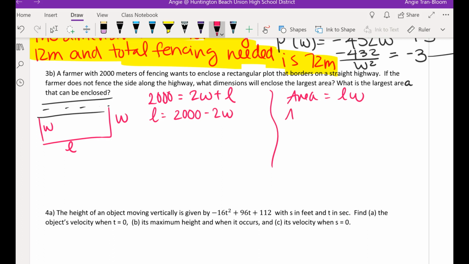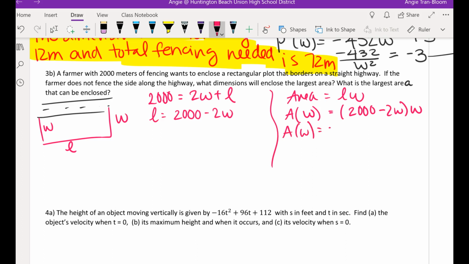Now that I have that, I'm going to write the area using only one of the inputs, either L or W. That's really a personal choice. Since I've already solved for L, I would now plug in 2,000 minus 2W for L. So this area is in terms of the width. Let's distribute so we can take the derivative.